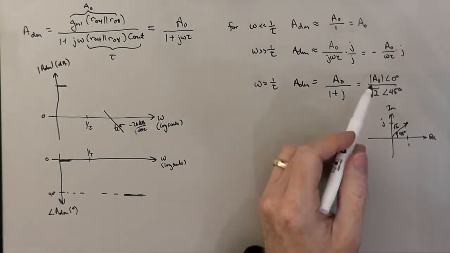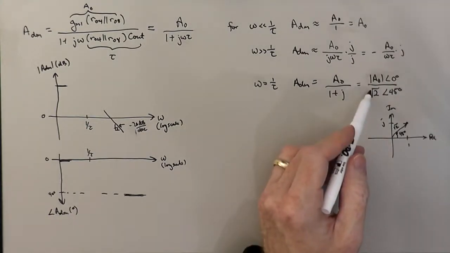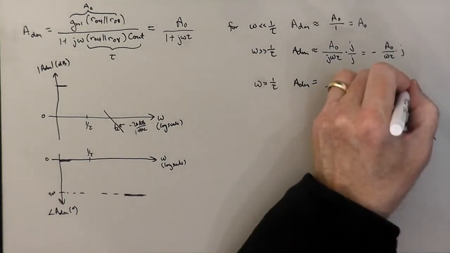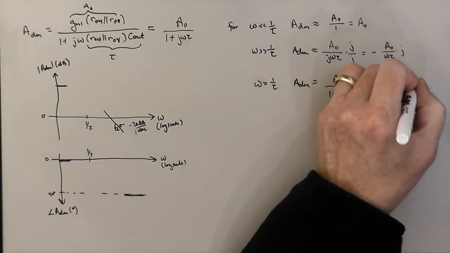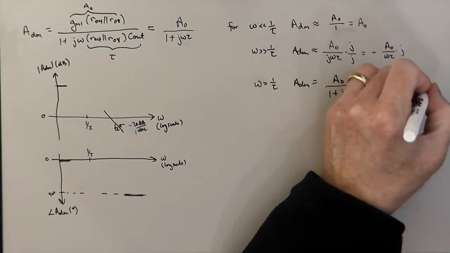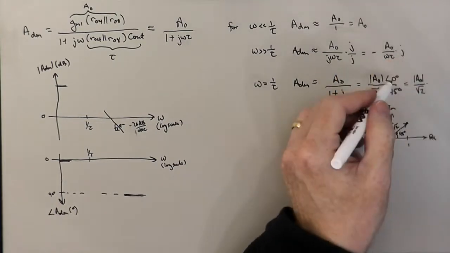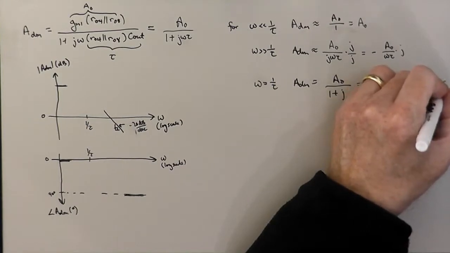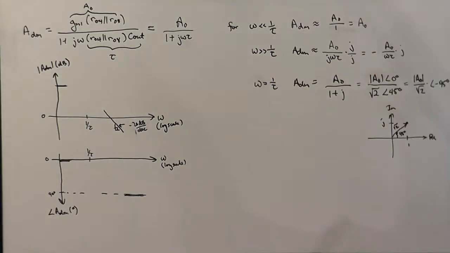And so when you take the ratio of two complex numbers in polar form, we can write this as the ratio of the magnitudes, so it's 1 over root 2, with an angle of 0 minus 45, like so.